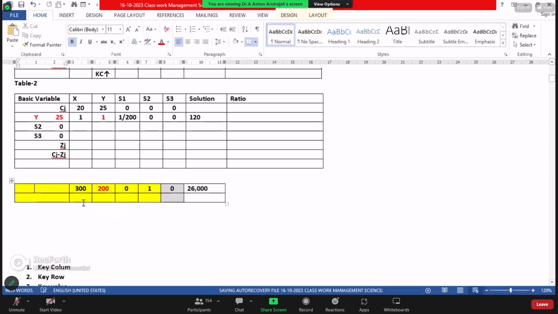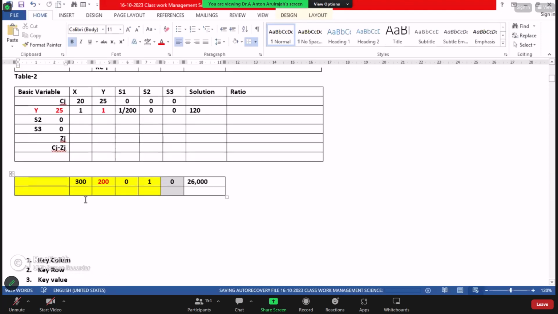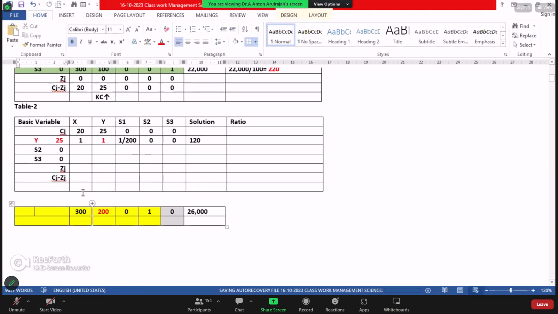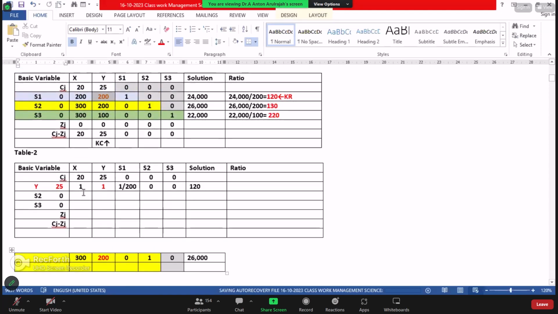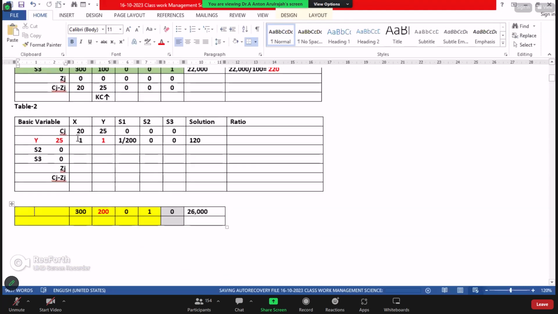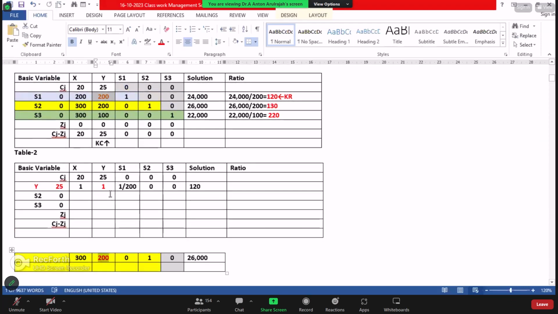You have to multiply all these individual values and subtract. Say for example, this 200 has to be 0 in the new table. In this place, it should be 0.